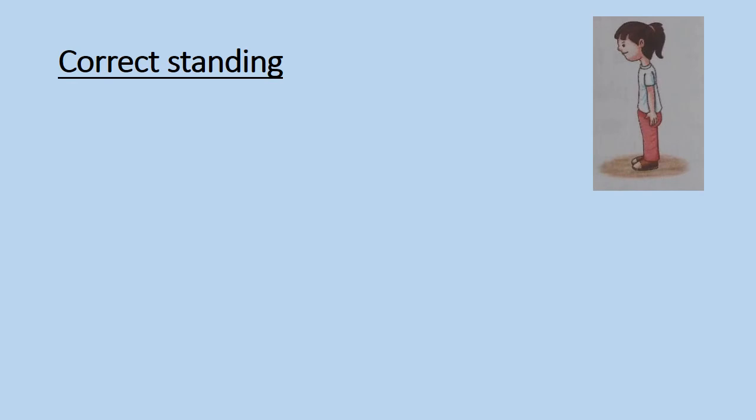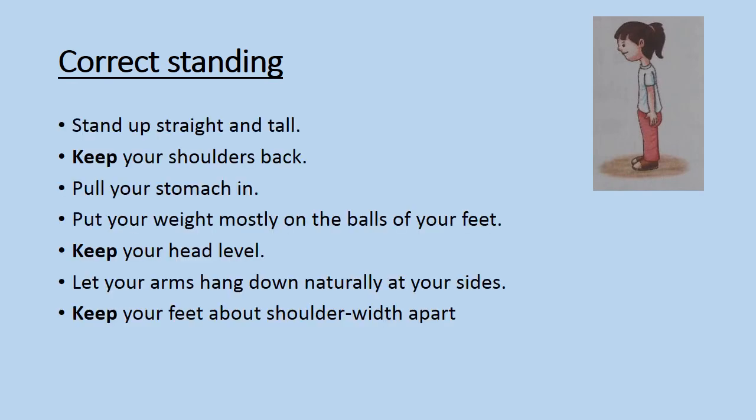While standing also, we should maintain a correct posture: stand up straight and tall, keep your shoulders back, pull your stomach in, and try to put weight mostly on the balls of your feet and keep the head leveled.